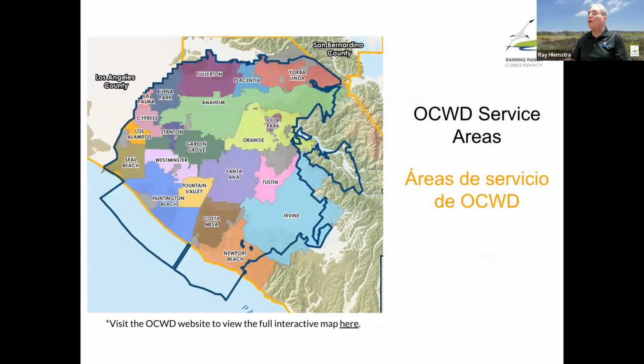So the service area for Orange County Water District is smaller, and that's because they just manage the groundwater basin. So you notice South Orange County, pretty much everything south of Irvine, is not in their area. That's because there's no groundwater basin down there.